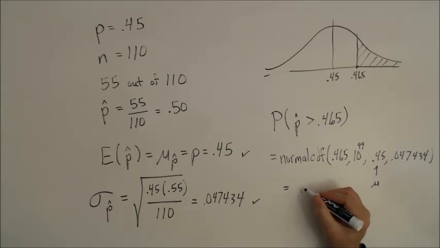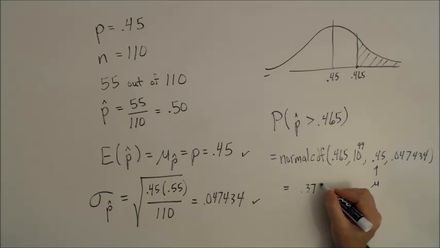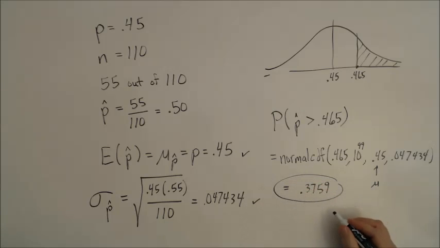Do you get a value of about 0.3759? That is, the likelihood of finding a sample proportion greater than 46.5% is approximately 0.38, or 38% of such samples would have a sample proportion greater than 46.5%. That's the probability we're looking for, and that completes question number 1.